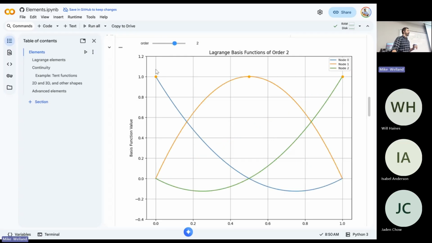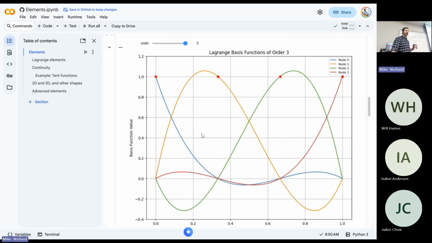Order 2, you're into quads. So you've got your values at the nodes, you've got the one in the middle, and now you've got this basis of polynomials, of quads, that are going to add up to another quad. A sum of quads is quads, right? But every single one of these is 1 only at its associated position and 0 everywhere else. That's the key there.